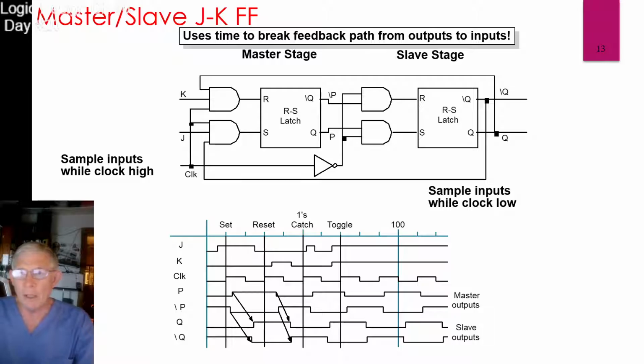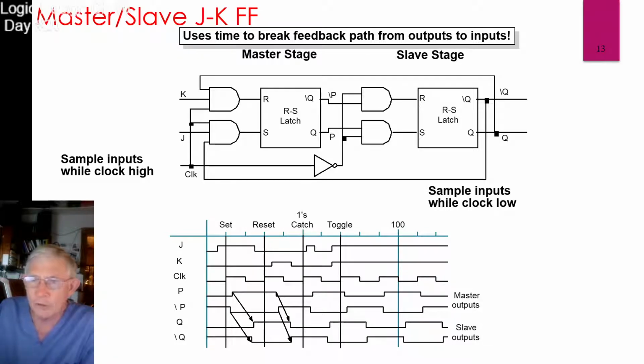When the clock goes from high to low, the inverter causes these two inputs from the clock to be 1s when they were 0s, and that allows Q bar and Q to propagate to R and S, and this latch matches this latch, essentially.